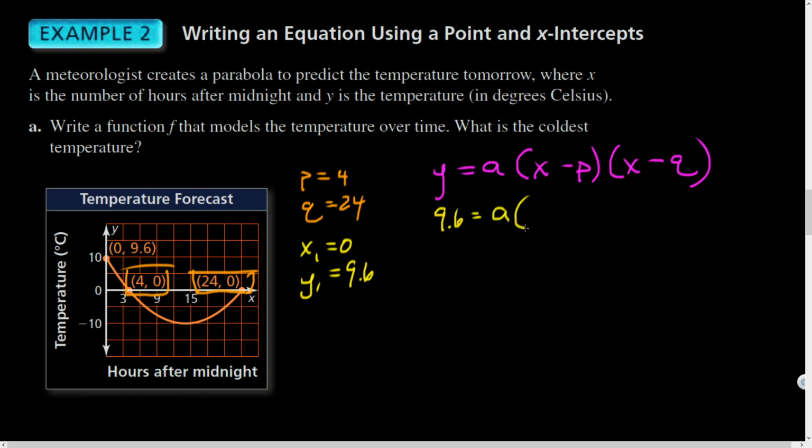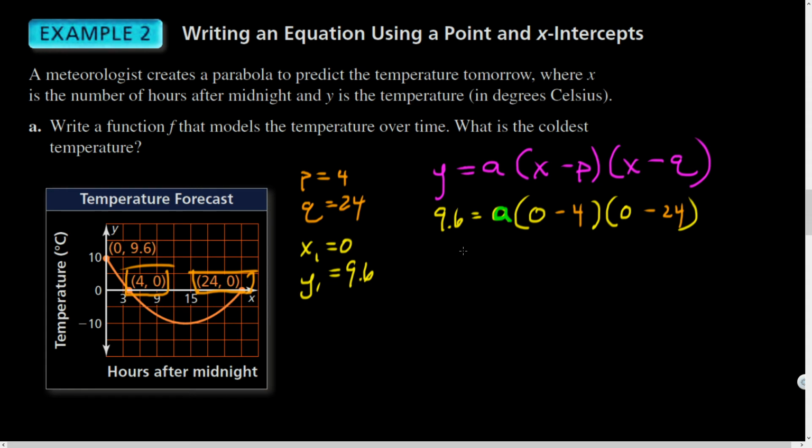I don't yet know what a is. x is 0 in both of these cases. And p and q are minus 4 and minus 24. And so notice I plugged in what I know, and I'm going to solve for what I don't. I'm looking for a. And then once I have a, I've got a, p, and q, and I would be able to write my equation and make predictions.